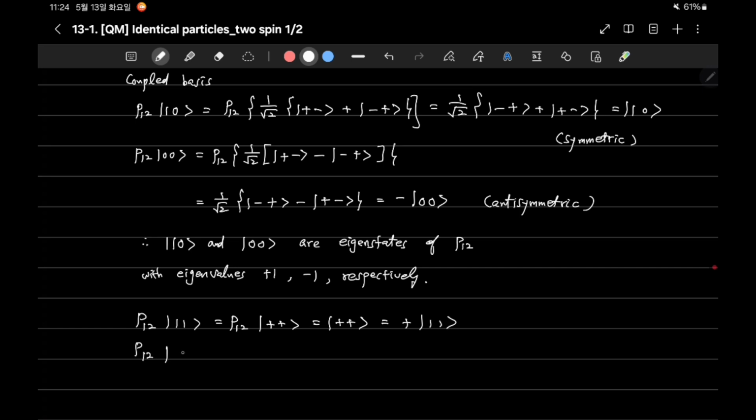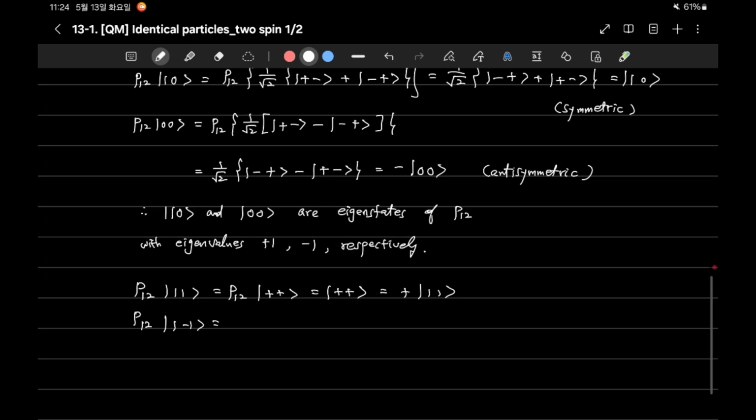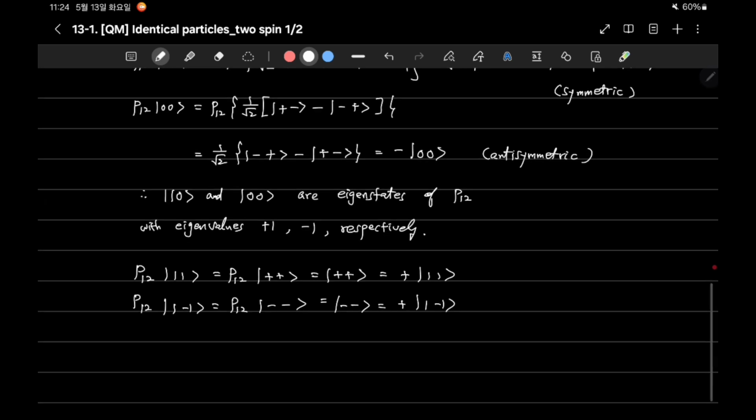And for the exchange operator in the 1 minus 1 case, P12 on spin down gives spin down. In other words, it is the plus 1 and the 1 minus 1. Also, it is symmetric.